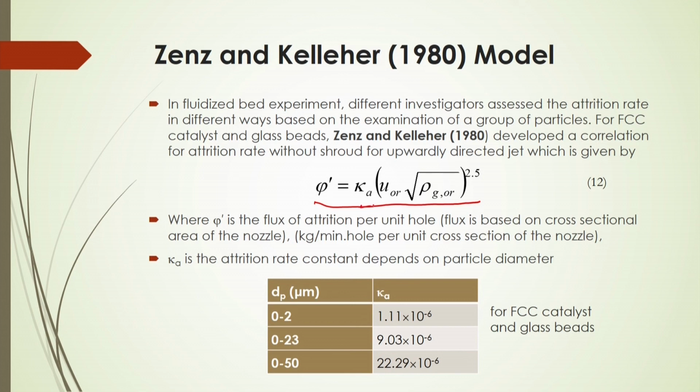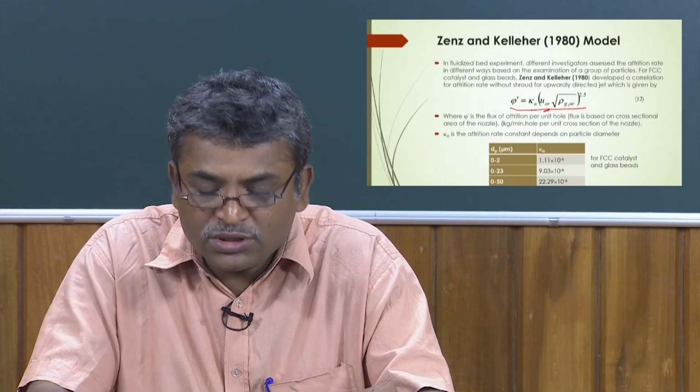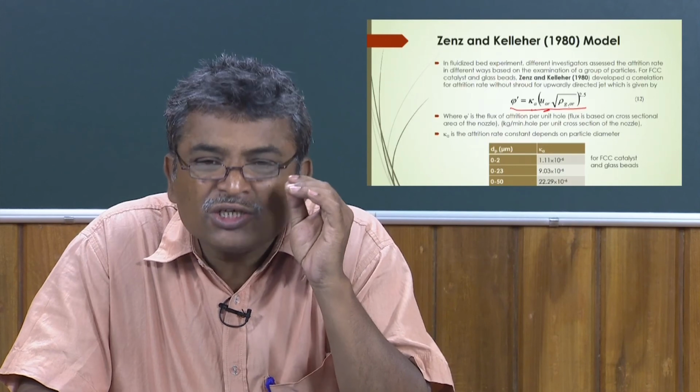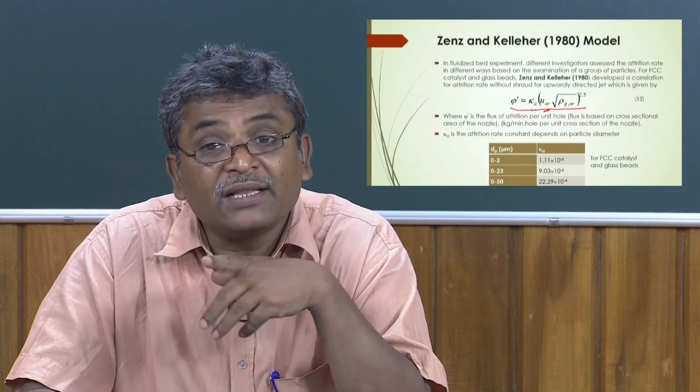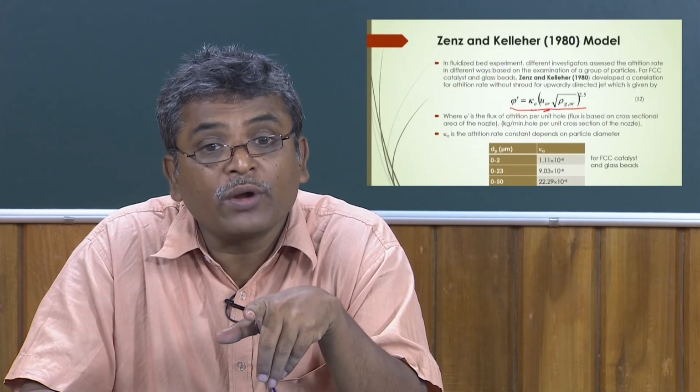Here K_a is the attrition rate constant that depends on the particle diameter. U_or is the velocity of the gas coming out from the orifice, and rho_g,or means the density of the gas or fluid at that orifice location.